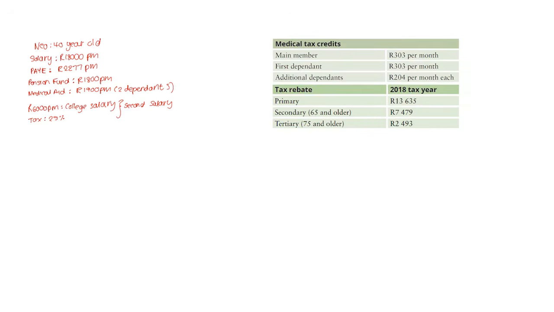Step 5 requires us to calculate the rebates. Neo qualifies for a primary rebate, and this is based on his age group. Neo is under the age of 65.